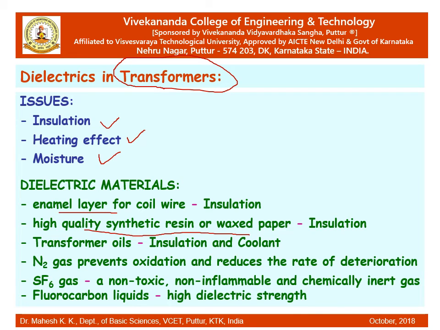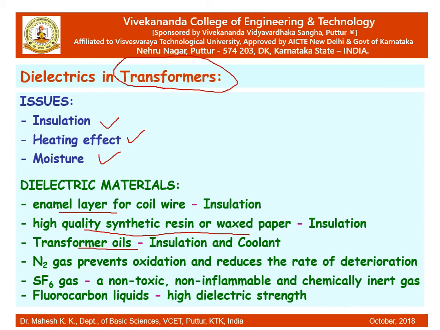Further, during the operation, due to eddy current and Joule heating, the entire transformer tends to heat. That is what you might have seen: when transformers are on for a long time, you could feel the heat near them. So transformer oils, which are liquid dielectric materials, are used, which act as both insulator and coolant.